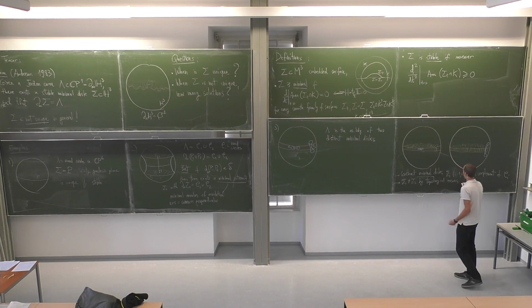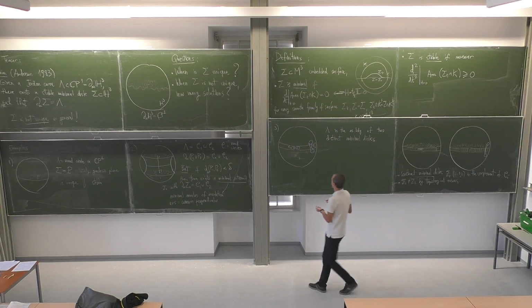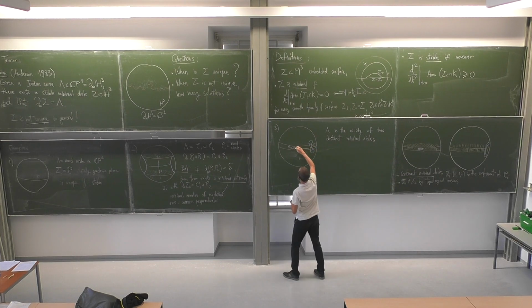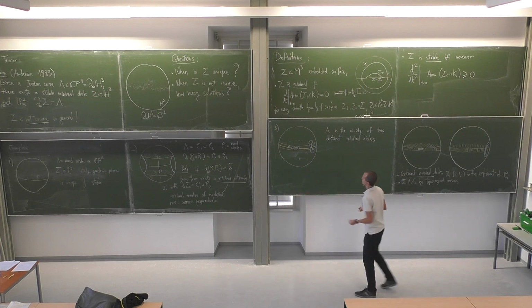So what does it mean by topological reasons? Well, let me try to draw a picture. So basically what we can observe, we can draw a curve here, which basically is the core of the catenoid, together with the core of the band.